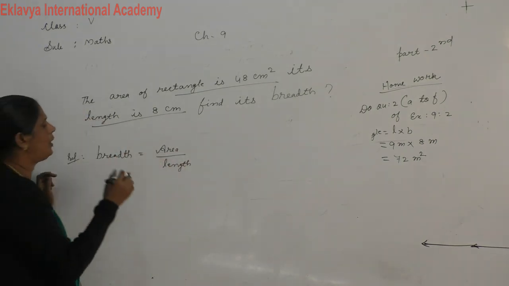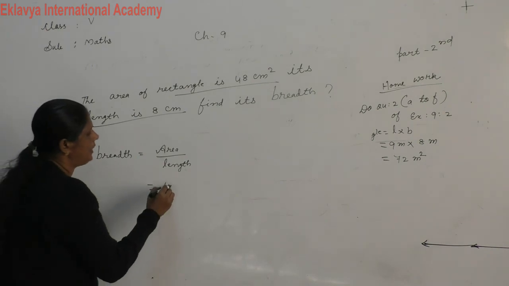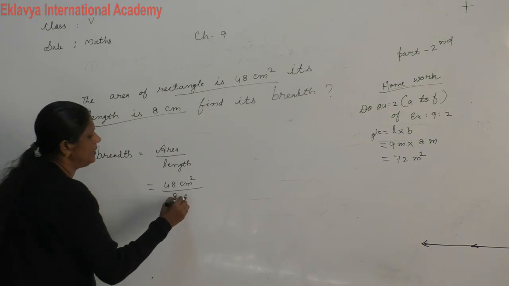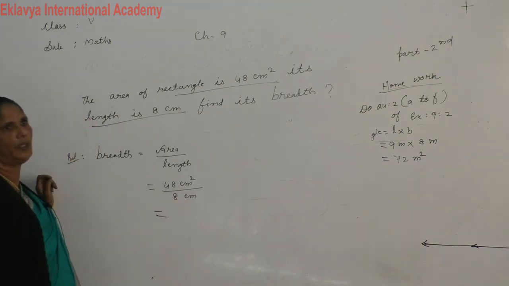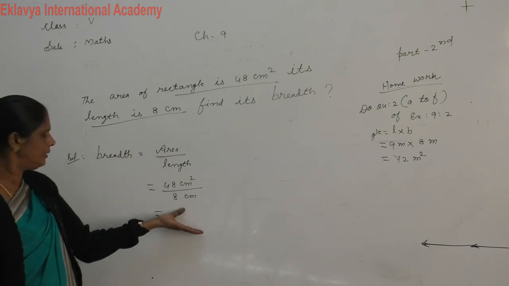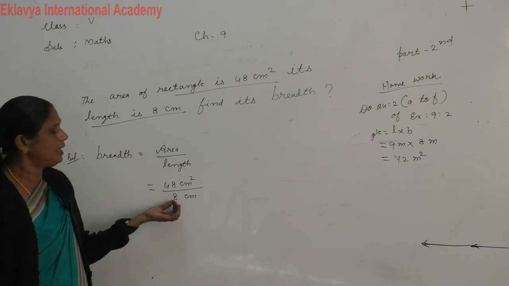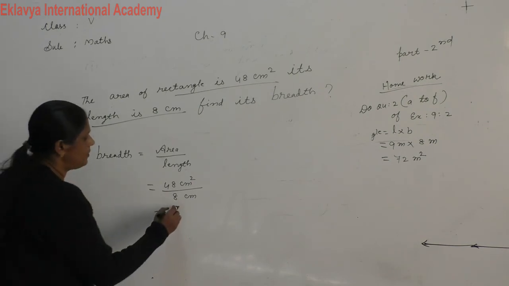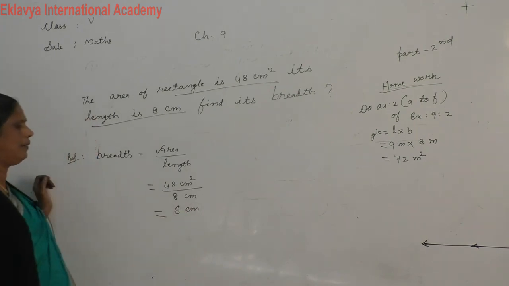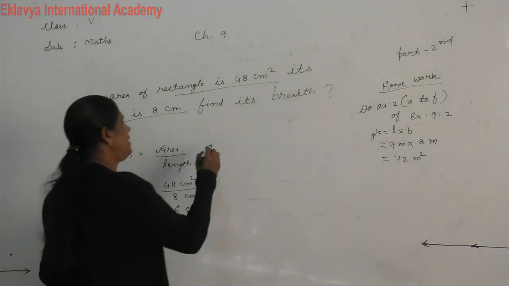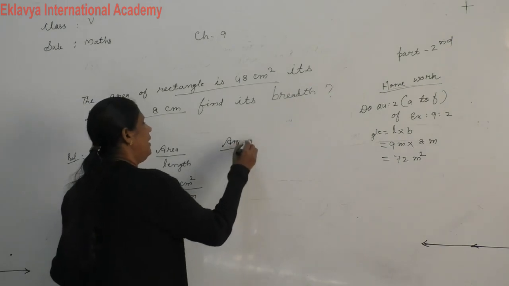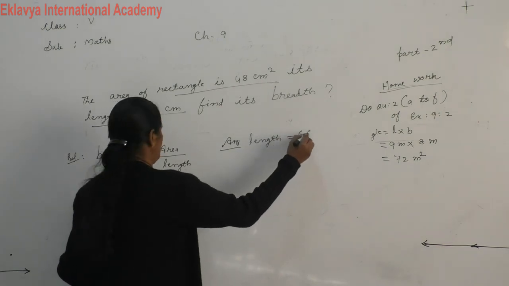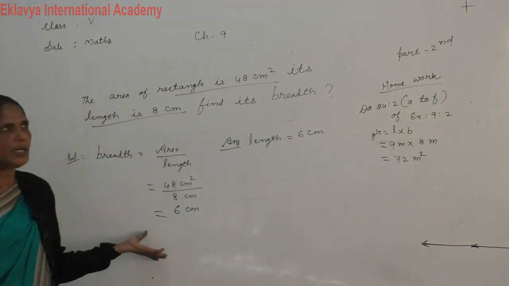Area upon length, that is 48 centimeter square upon 8 centimeter. Then you divide: the table of 8, how many times goes in 48? 6 times, 6 centimeter. Our answer is 6 centimeter. You understand this?